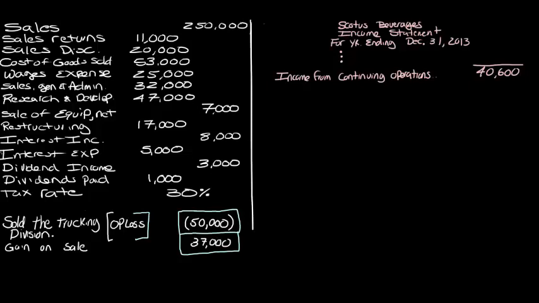Well, in this format, the first thing we do is look at our operating loss from discontinued operations, or it could be a gain or a loss. In this case, it was a loss. We have an operating loss of $50,000, and we have a gain on the sale of $37,000.